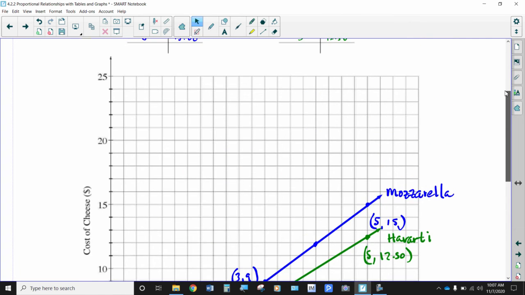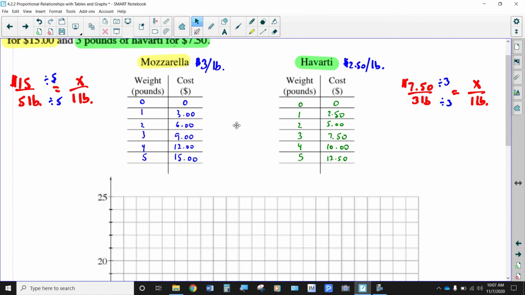I don't know how often you go to the deli section of your grocery store, but you can literally just buy a chunk of cheese and it can be any weight. They don't specifically cut them perfectly into 1 pound increments or 2 pound increments. You can say, oh, this cheese is $2.75 because it's a little bit less than 1 pound. And so, yeah, that comes into play.